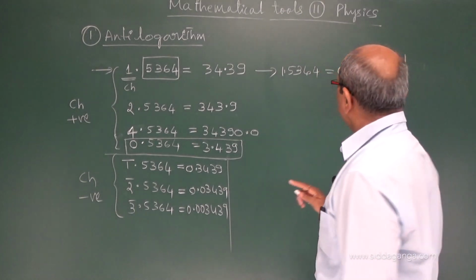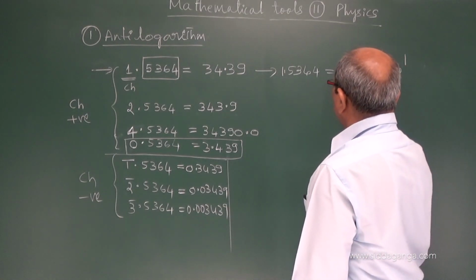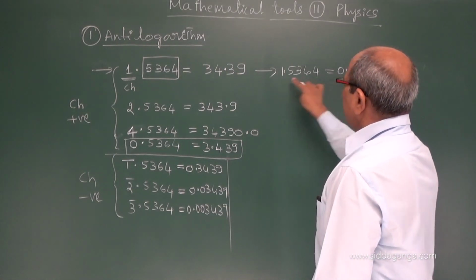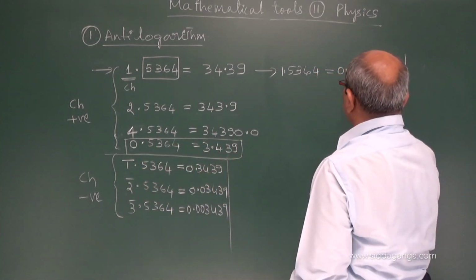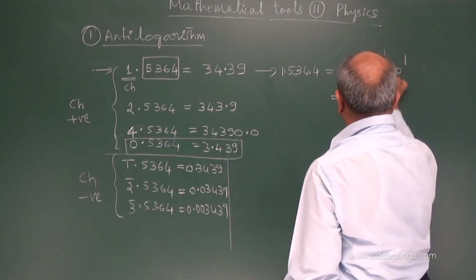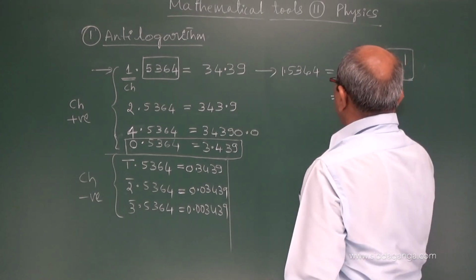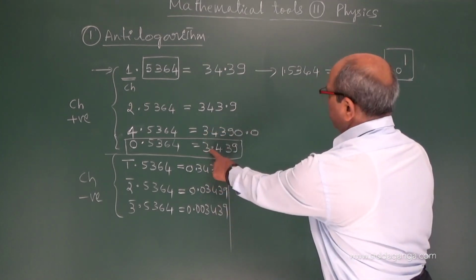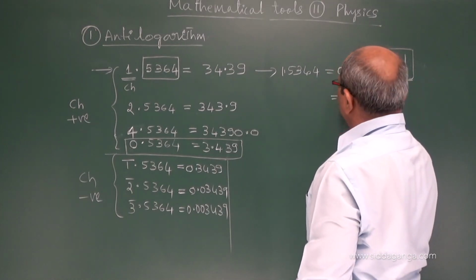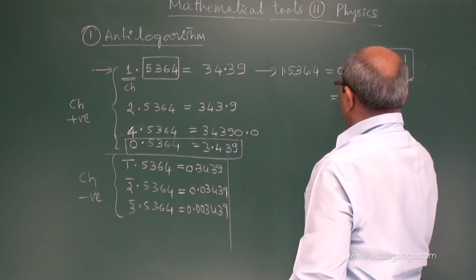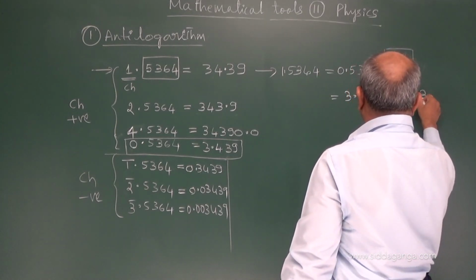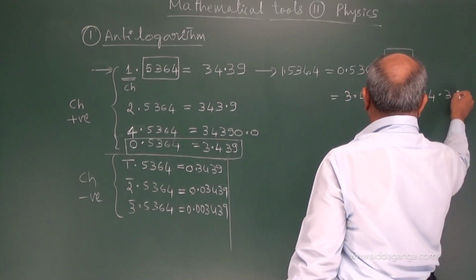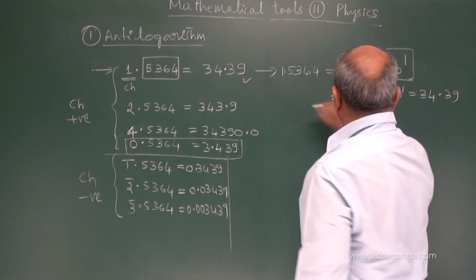Now, where do you have to put the decimal point for this? If you find it for this only, after one digit, here what you did: 0.3439 into 10 power 1 gives 3.439. No difference between the two.